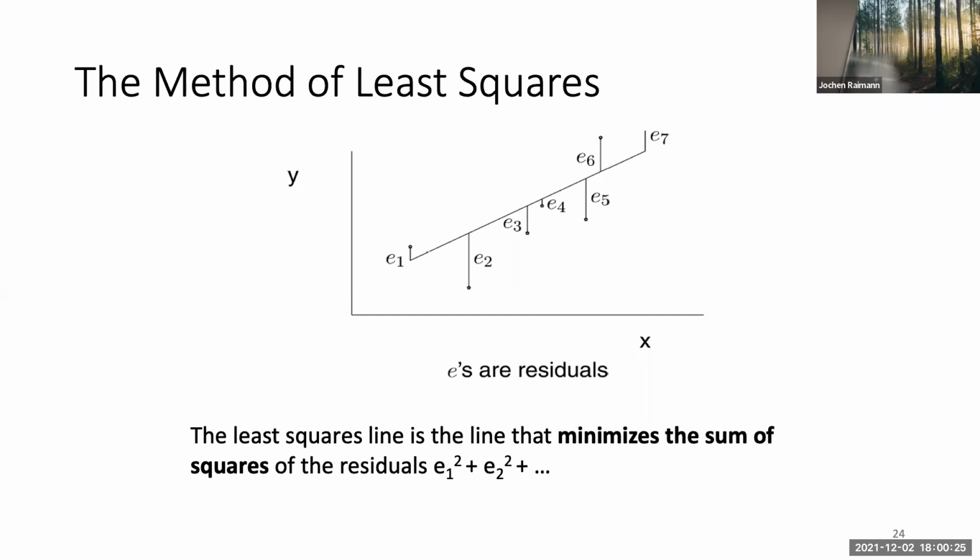So these e's are the residuals. And the least square is the line that minimizes the sum of the squares. So the sum of squares of this line, of this function, is minimized around mean of 0, normally distributed. Does not necessarily hold true for the variable itself. It's only the error is normally distributed.